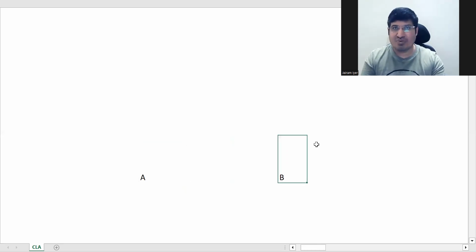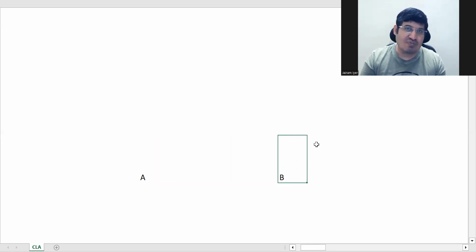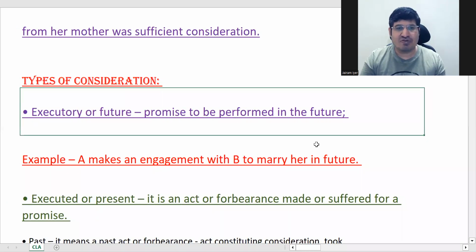You have paid the amount, but he will give it in the future. Or he has delivered the goods, which many times happens, and you will pay in the future.